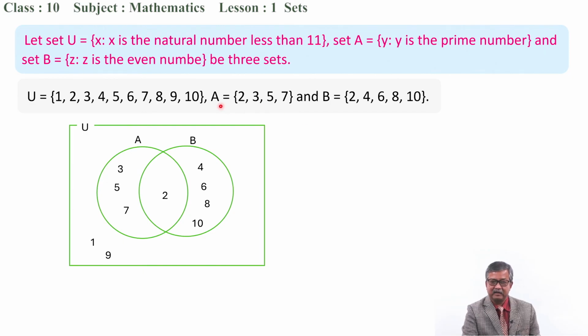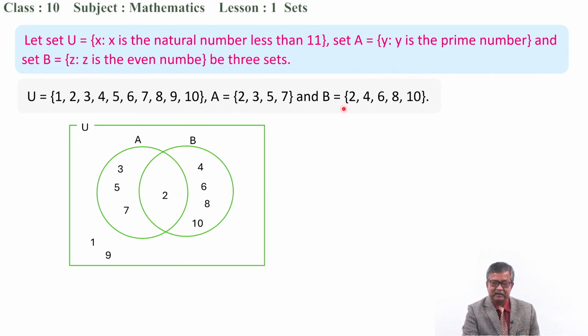Look at set A and set B: one element is common, 2. Here 3, 5, 7 are not in set B, and here 4, 6, 8, 10 are not in set A, but the element 2 is the same, so it is in set A and also in set B.